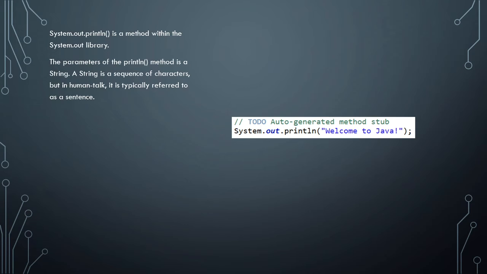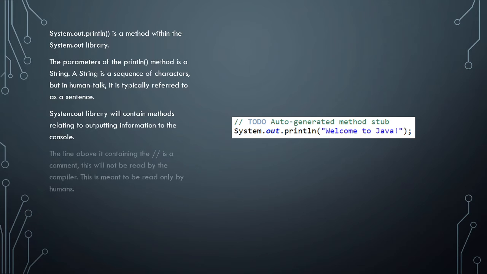It doesn't have to be a sentence, but it's typically a sentence. The System.out library contains methods relating to outputting information to the console. It could also have methods relating to output to any output that you would have, but since you're typically putting just text through it, it will go to the console. And for Java, it will go into the Java console, which comes with the Java virtual machine.